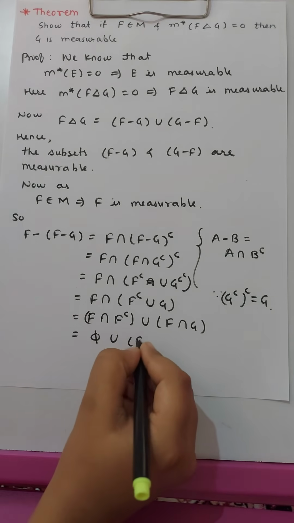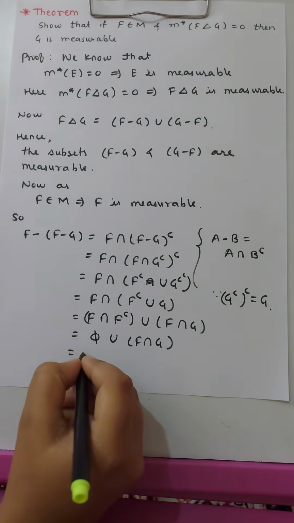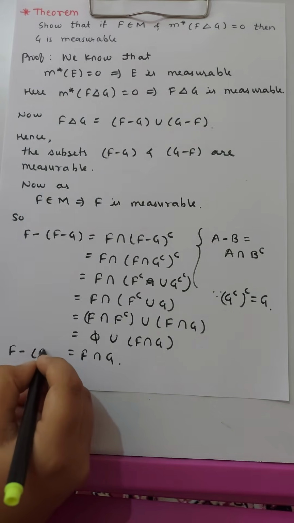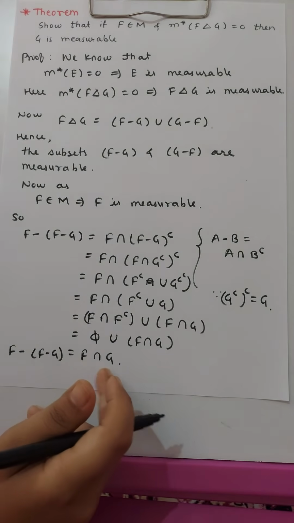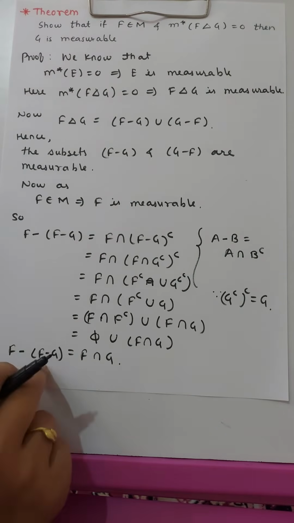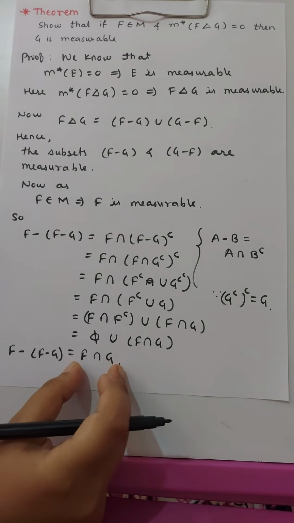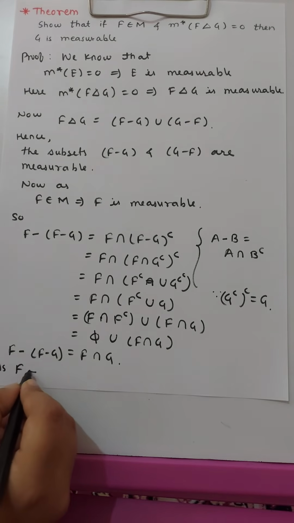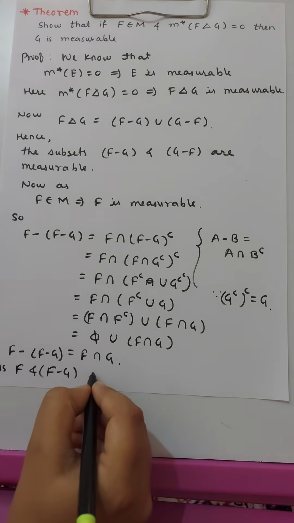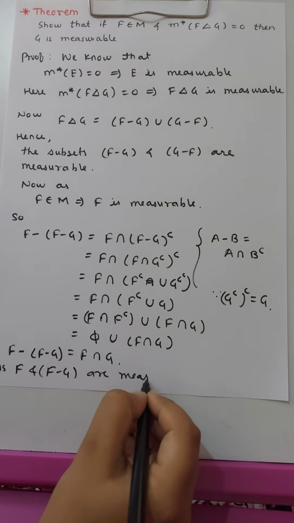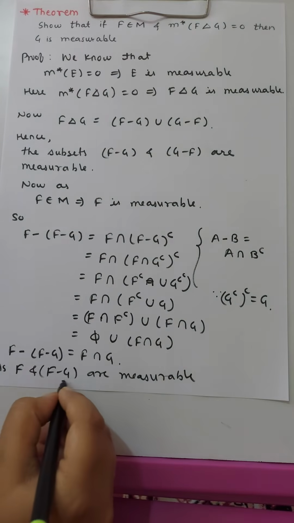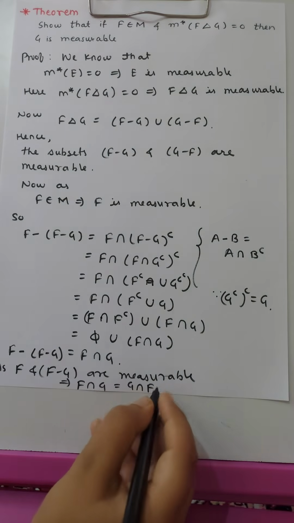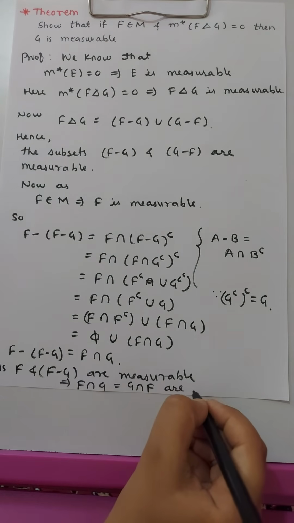After the union we have F intersection G. So F minus (F minus G) is equal to F intersection G. Now since F and F minus G are measurable, this F intersection G is also measurable. So as F and F minus G are measurable, this implies that F intersection G, which is equal to G intersection F, they are both the same, are measurable.